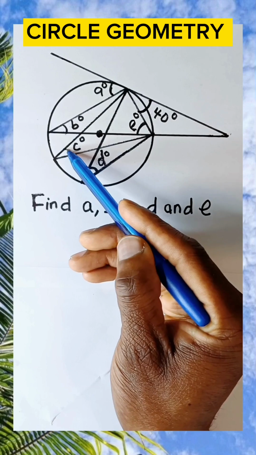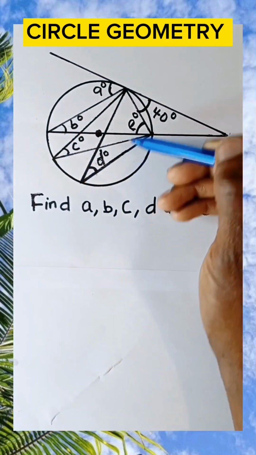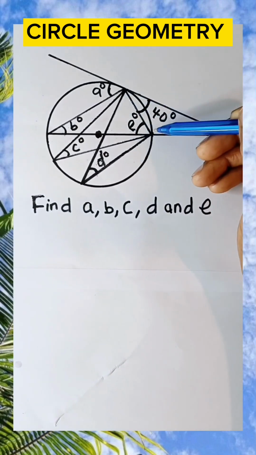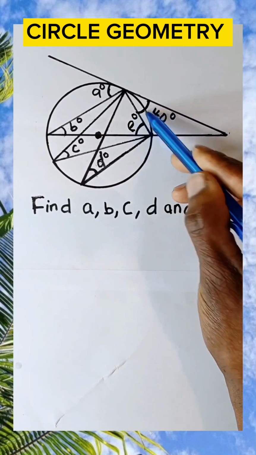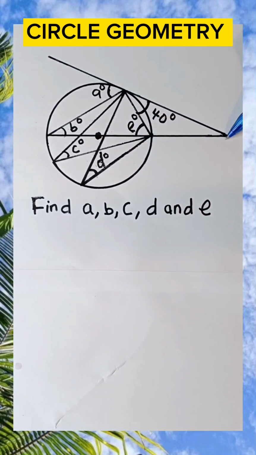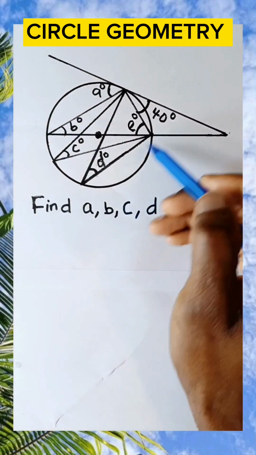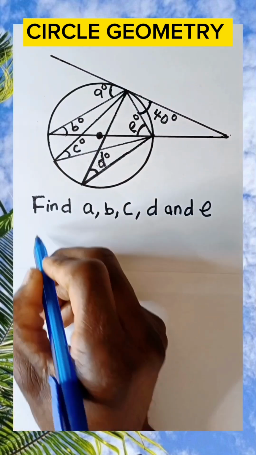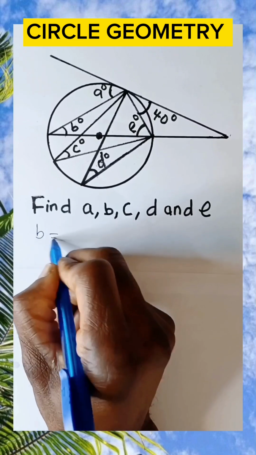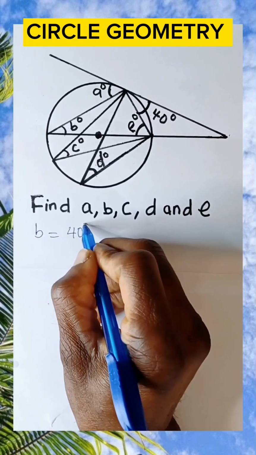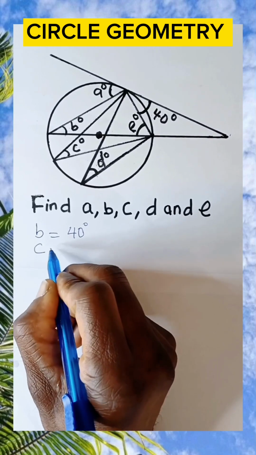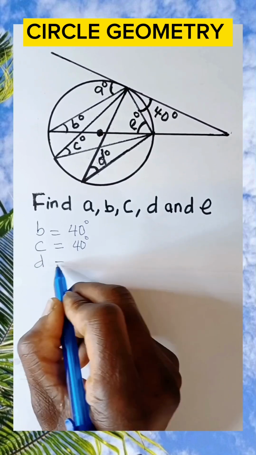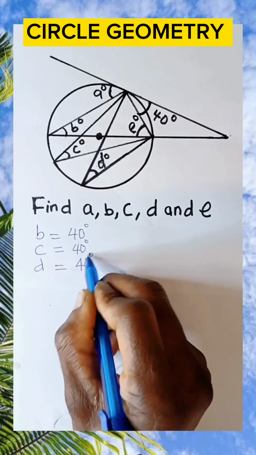These three angles are in the opposite segment because their triangles are drawn from two ends of this chord that formed angle 40 degrees with this tangent line. So we can now say that these three angles are equal to 40 degrees. So B is equal to 40 degrees. C is equal to 40 degrees. And D is equal to 40 degrees.